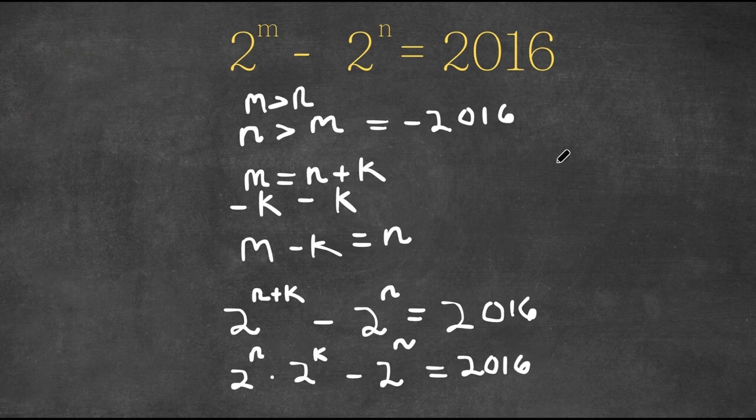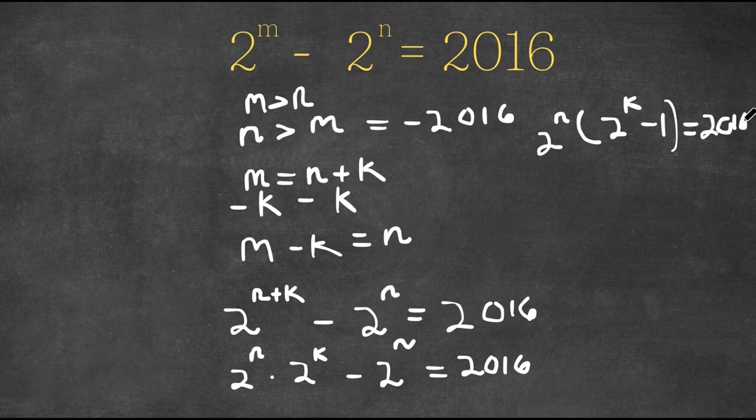And now if I factor out 2 to the power of n from this, I would get 2 to the power of n times 2 to the power of k minus 1 is equal to 2016. So now 2016 is actually equal to 32 times 63.